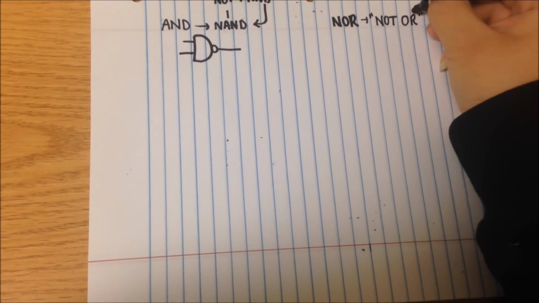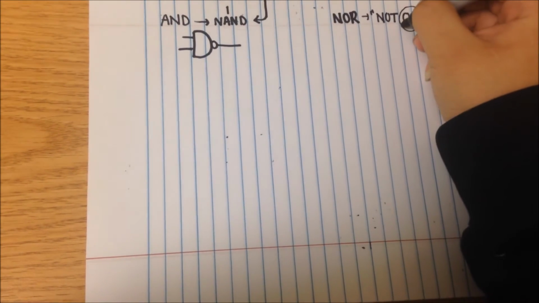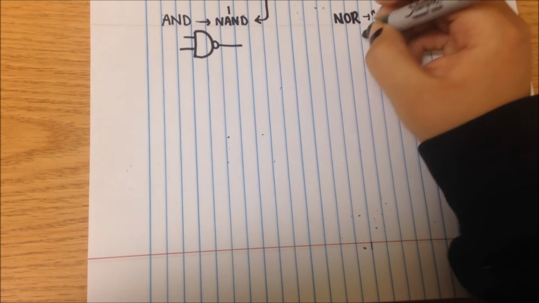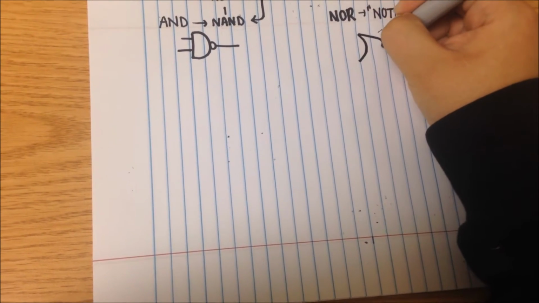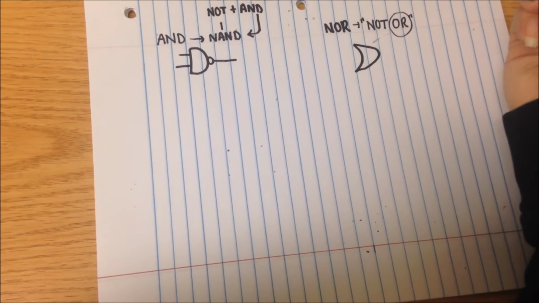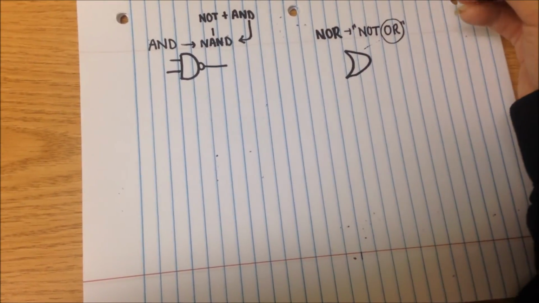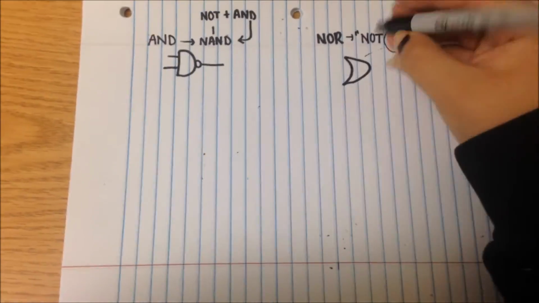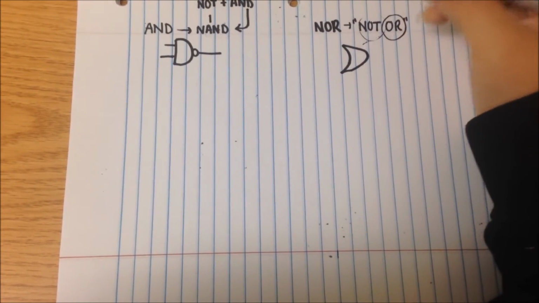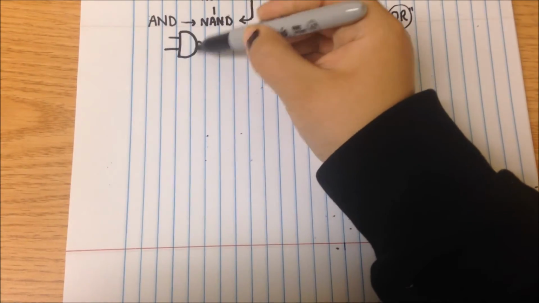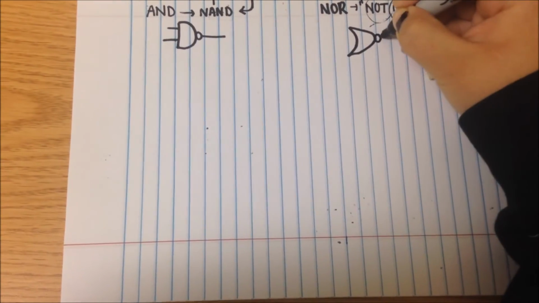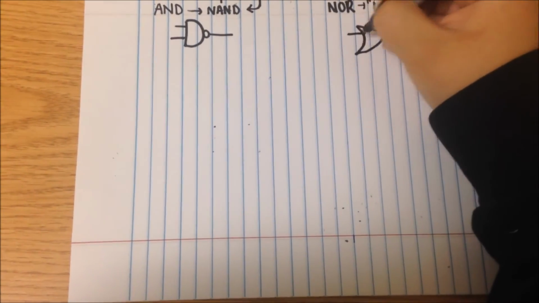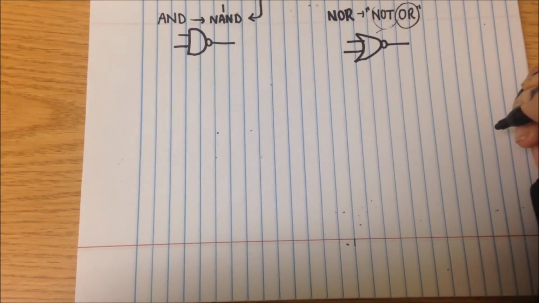Let's take your OR, which everyone knows looks like the one with the curve like this. And your not, all we did was add a little circle on it. So we're just going to add a circle. That's your output. These are your inputs. And that's pretty much it.